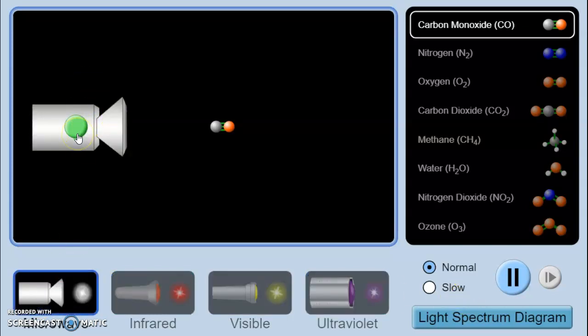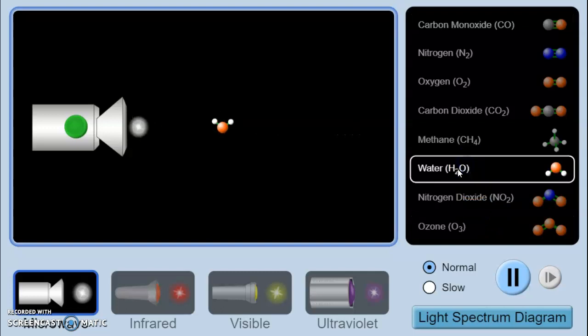I just mentioned that if your molecule is not polar, it will not undergo rotation. So when the molecule absorbs enough energy, it rotates. If we change it to water, water is also polar, it rotates.